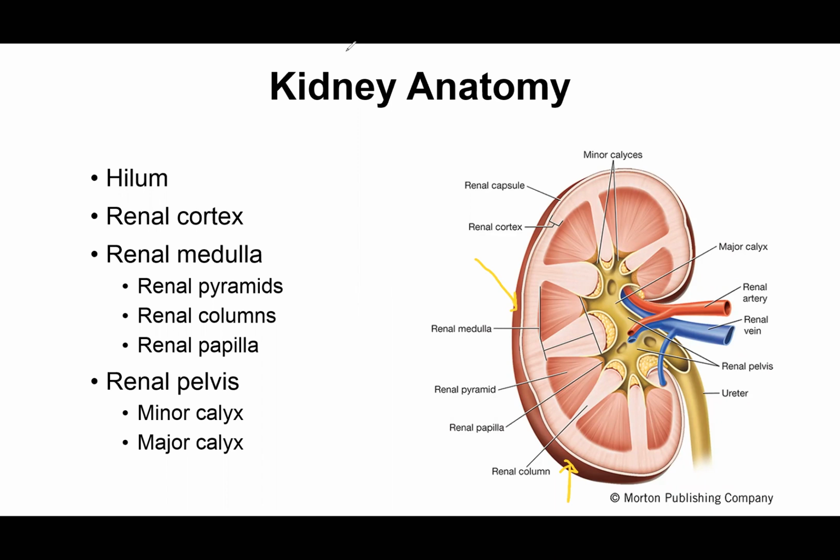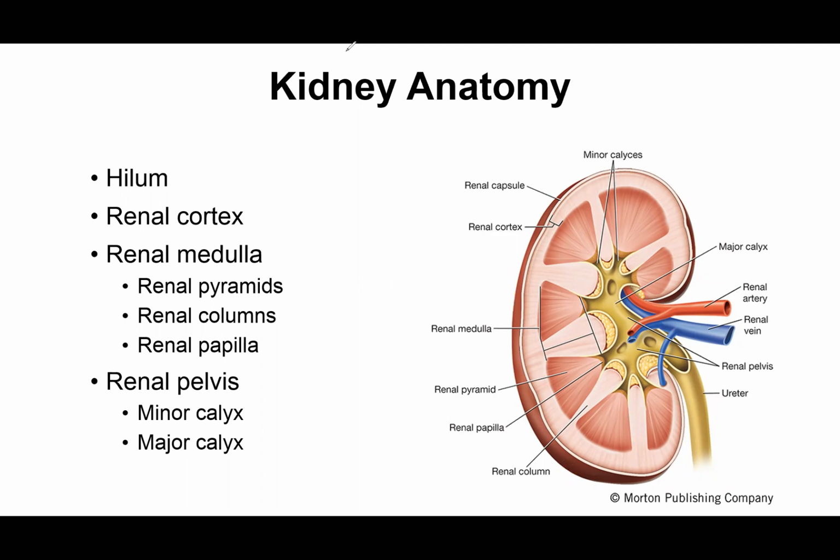Additionally, we're going to have an adipose capsule. And then finally, we're going to have the renal capsule. The renal capsule is highlighted here in this white color, the white line that I'm drawing over top of right now. And basically that just holds the kidney together.